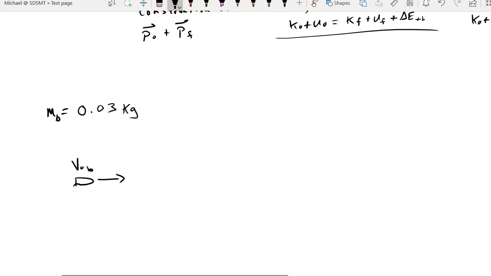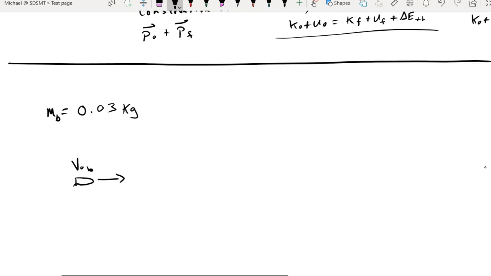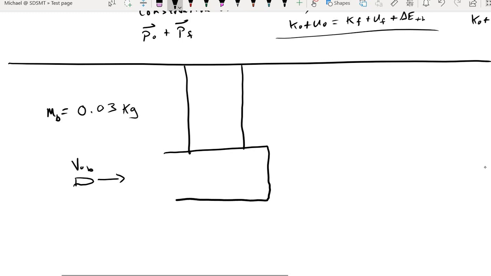Now again, we said we wanted to be safe with everything, so we don't just want to fire this bullet out into the open. So we're going to either make ourselves some kind of controlled system, environment, lab, could even be a barn. And what we're going to do is hang a block of wood from the ceiling.